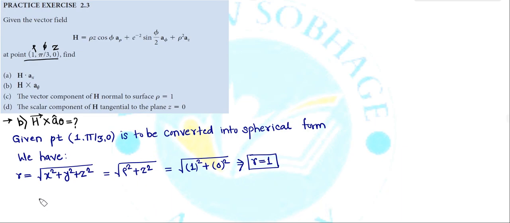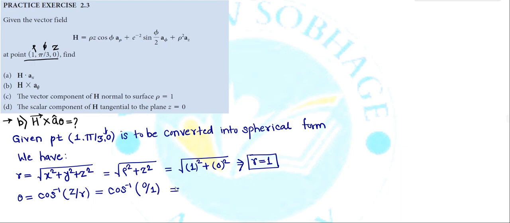Okay, next we have theta. Theta is cos inverse of z upon r. We have z, and r that we have found just now. So that will be cos inverse of z value, which is 0, divided by r, which is 1.